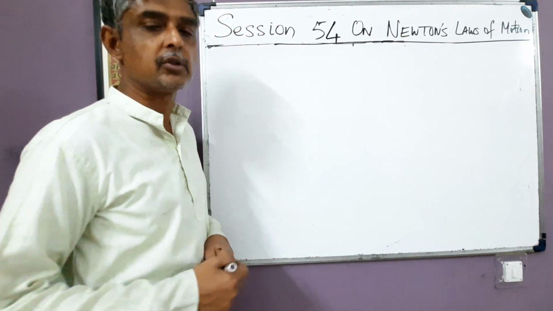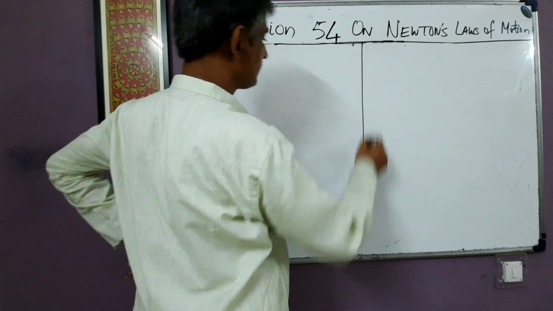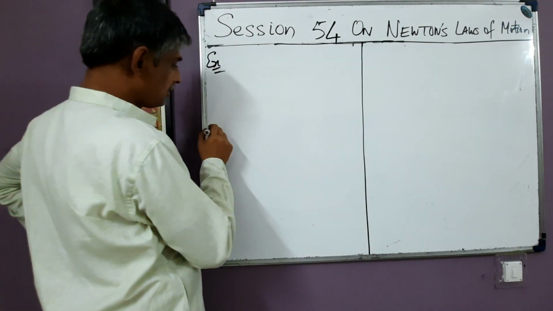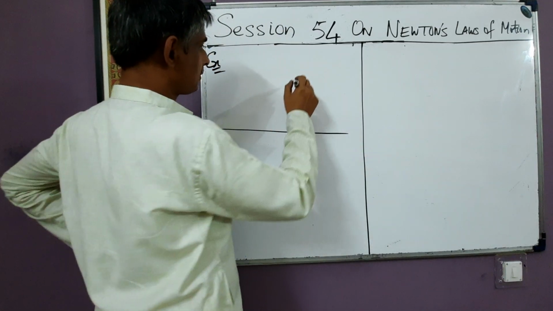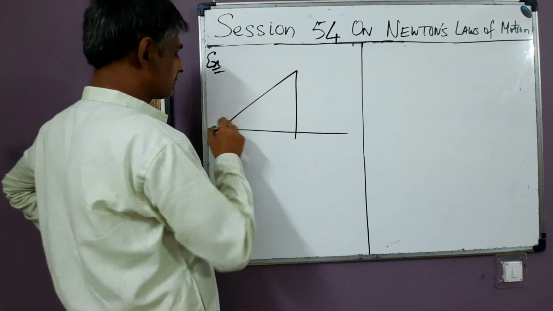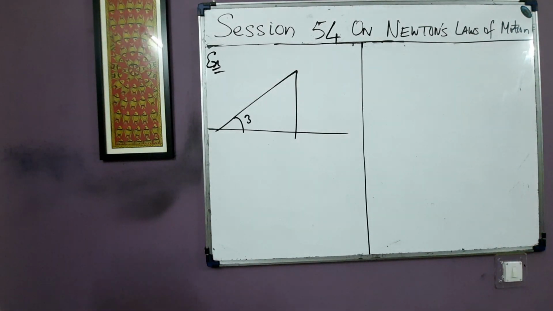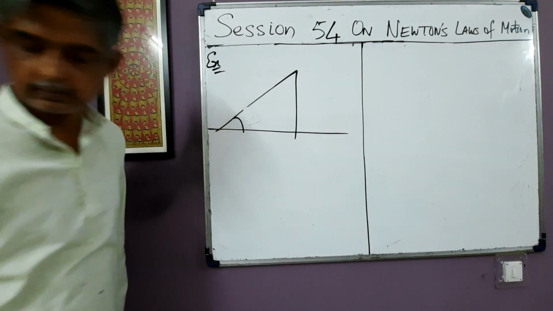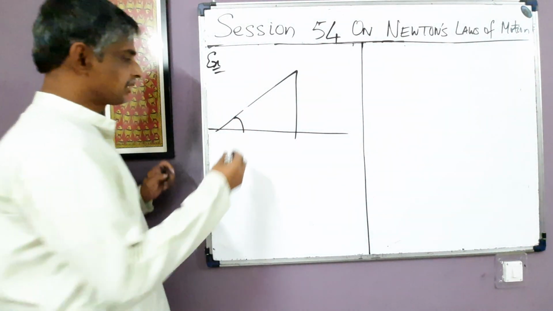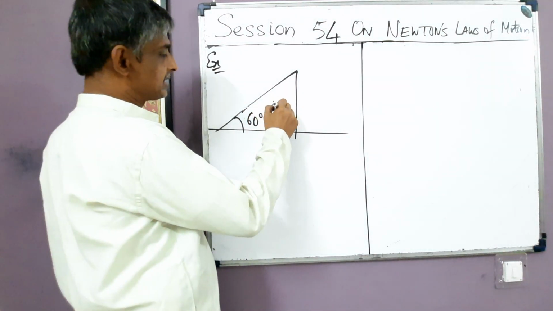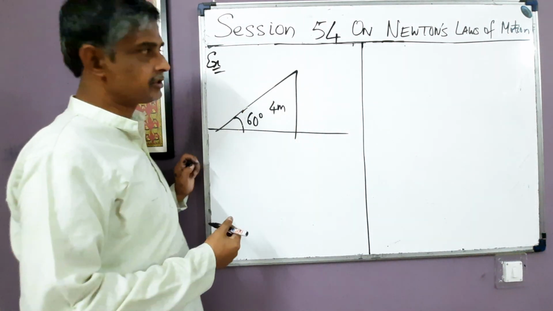I'll draw the diagram of the situation. See, the situation is like this. This is a smooth horizontal surface. This is a wedge. Suppose this angle is 60 degrees. This is a wedge of mass m. This is the inclined surface of the wedge.